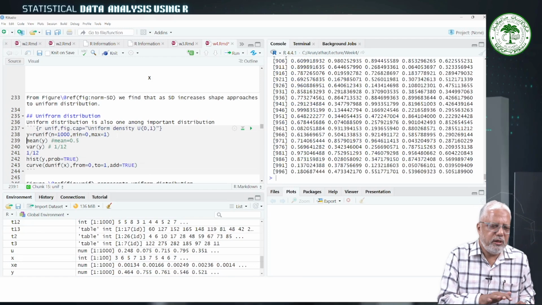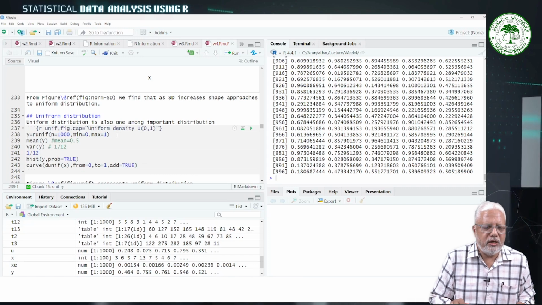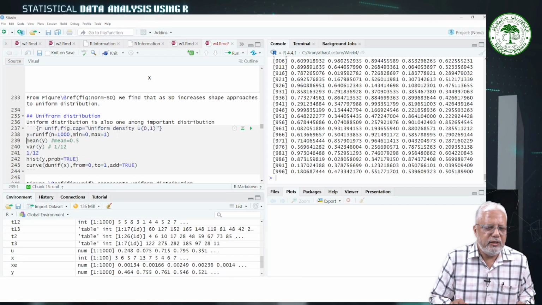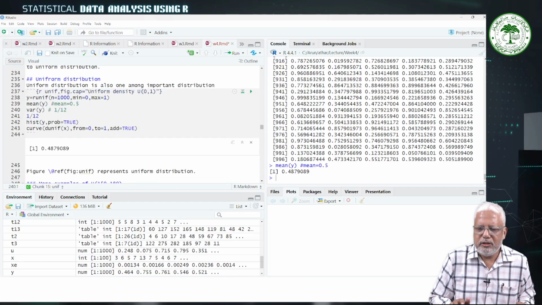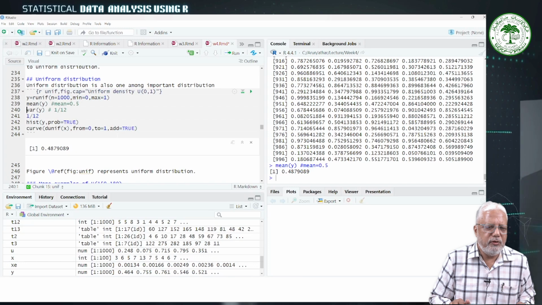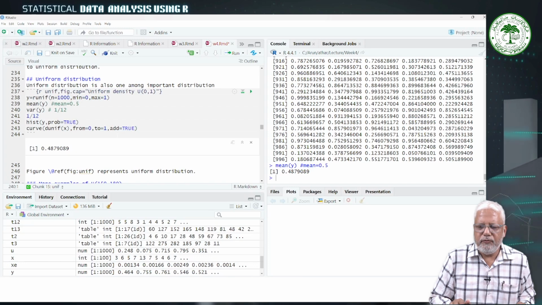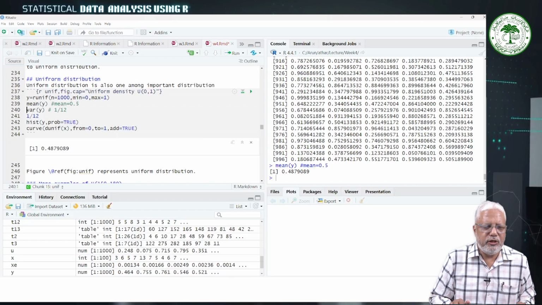If we want to compute the mean of this, it is a well-known theoretical result that the mean of y should be 0.5. Exact value is 0.5. Now what does this approximate? This is on the basis of simulated data. So here it is 0.4879. Similarly, the variance of y, it is a theoretical result that for uniform 0, 1 it should be 1 by 12.